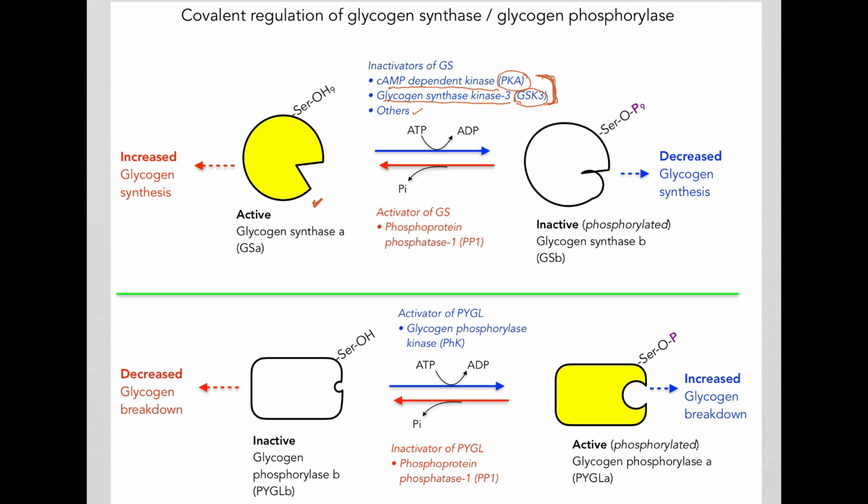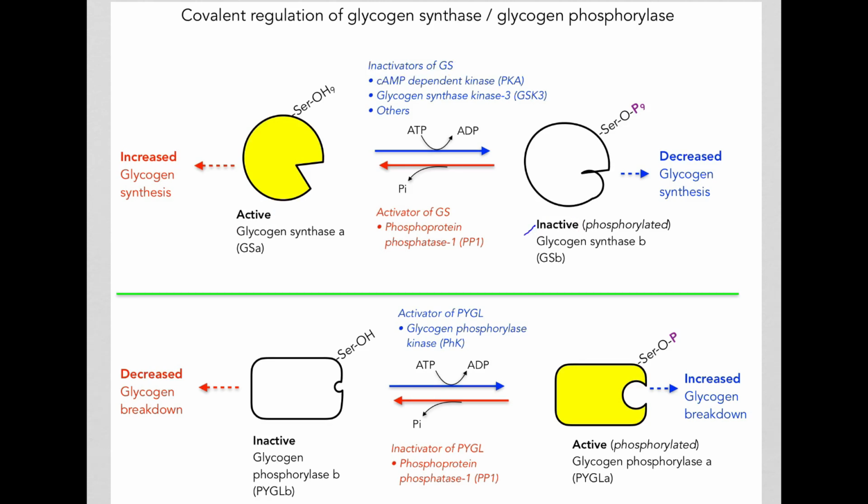When glycogen synthase is phosphorylated, where the hydroxyl groups become phosphorylated, the active form of the enzyme, which is the non-phosphorylated form, is converted to the inactive form of the enzyme. Since these kinases convert the active form to the inactive form, we can consider these kinases to be inactivators of glycogen synthase.